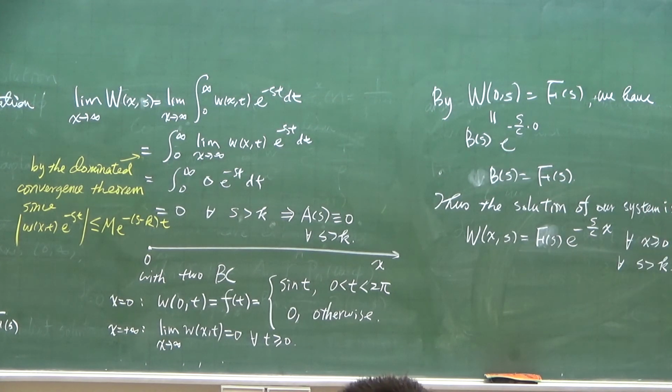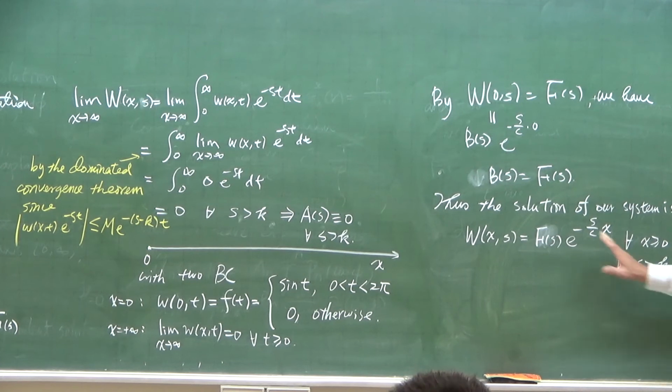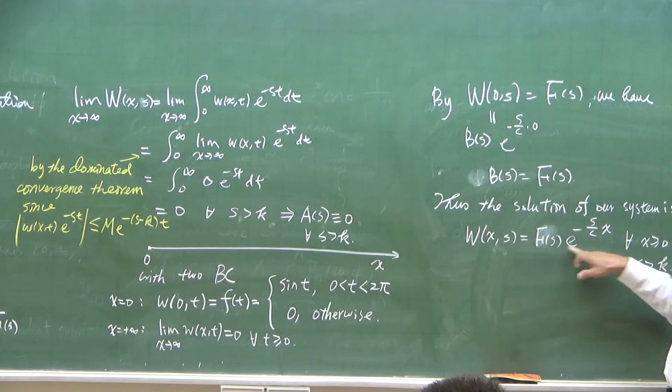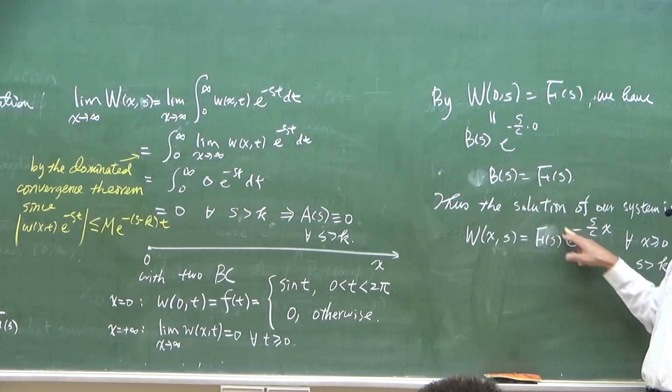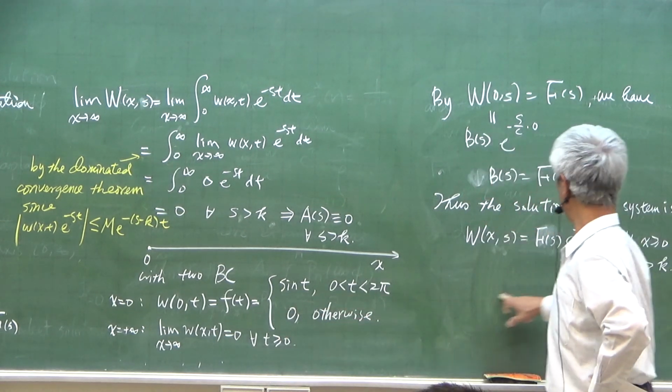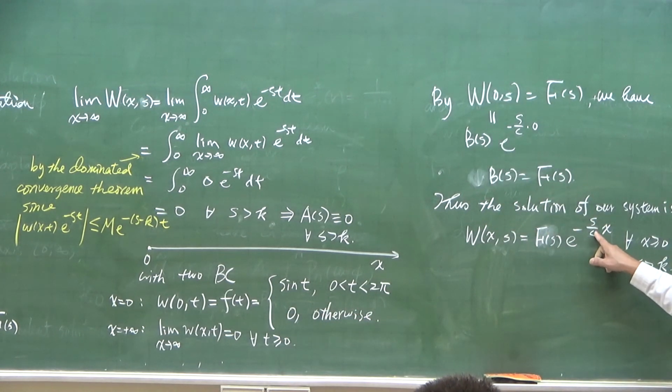Alright, so this is our solution. Even though it's not our original form, it's a transformed solution. But we know everything because this is from our data, and c is our speed.